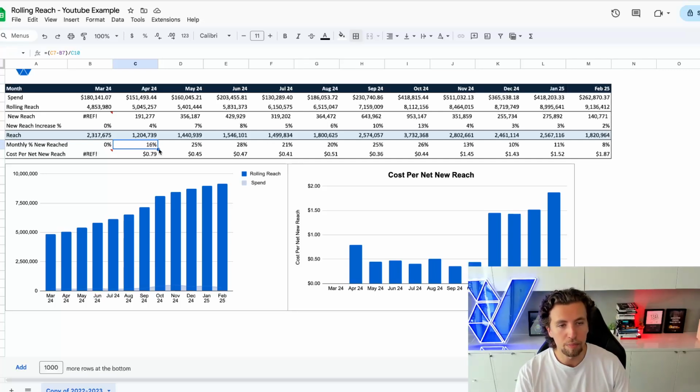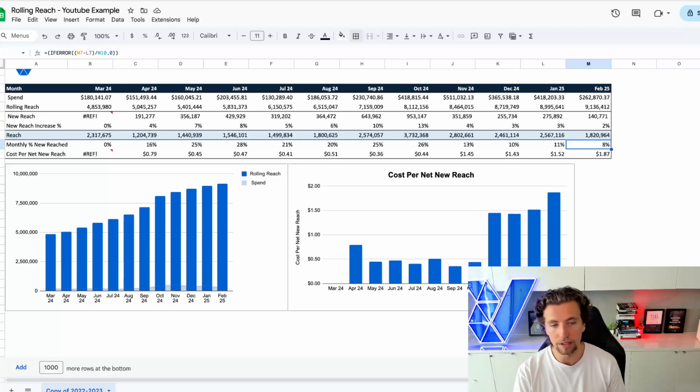You can see for this brand, 16%, 25%, 28%, and then recently this has heavily declined down to 8%. In fact, if I reran these numbers for March and April, this would honestly be down at like 6% now. And so what that means is that almost every single dollar in the Meta ad account is going towards people that have already seen an ad from them before.